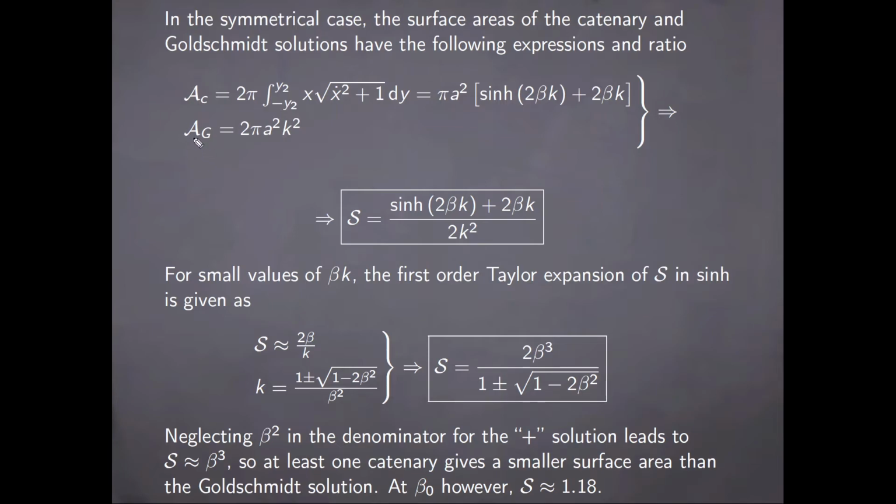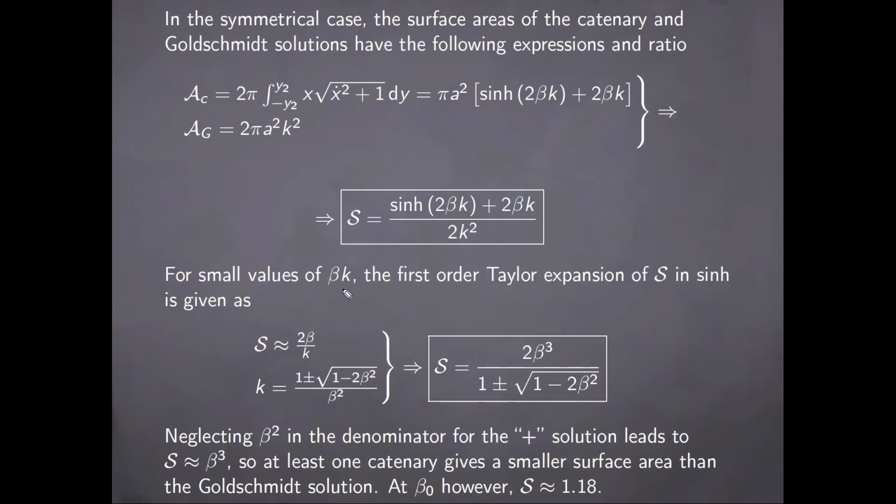And then the surface area provided by the Goldschmidt solution will just be twice the area of the disk, given by the radius times 2. So that will simply be given by k squared multiplied by a squared. And if I take the ratio of these two areas, I should have the obvious expression here.